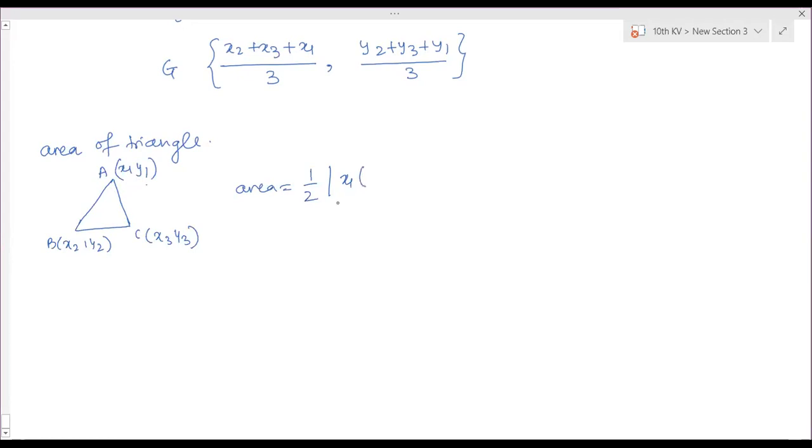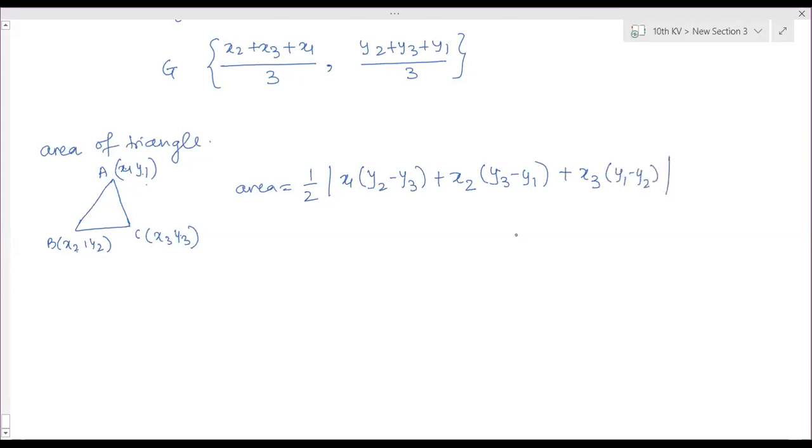Then it goes in circular order: x1 into (y2 minus y3), plus x2 into next (y3 minus y1), plus x3 into (y1 minus y2).